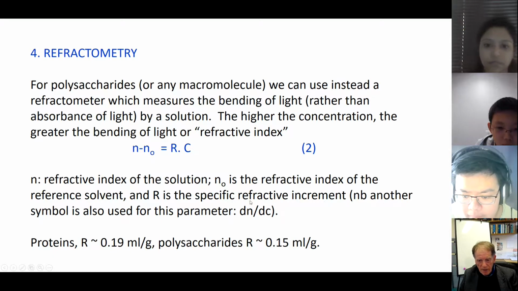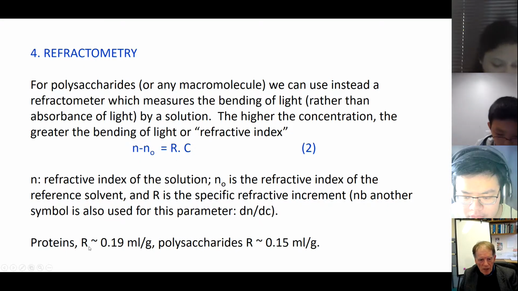That's the refractive increment, the change in refractive index with concentration, dN/dC, which is often given the symbol R. So the amount of bending, or N minus N0 of a solution compared to the reference solvent, depends on the composition and depends on the concentration.